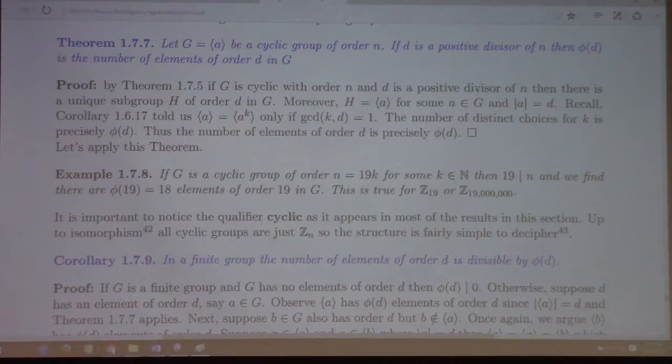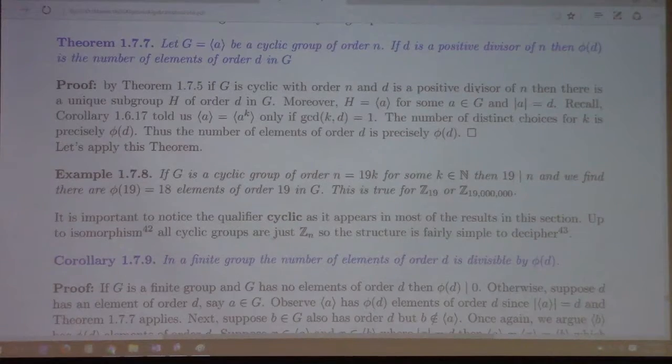Then you pick something else that's not in that subgroup generated by A, and you look at all the elements generated by B. Again, there's phi of D of those elements which have order D. And there can't be any interlinking between these two things, otherwise it gives you a contradiction. So you just keep getting phi of D worth of elements of order D in disconnected buckets. You add them together, and that gives you a multiple of phi of D.